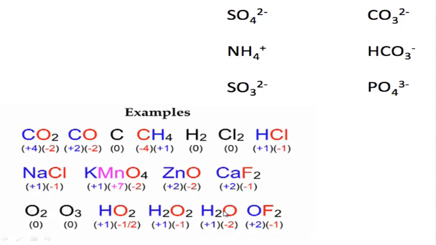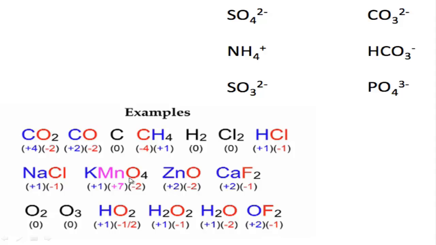My dear students, follow here. All are the examples of monoatomic or diatomic molecules. Only these examples are triatomic molecules, that means there are 3 different atoms present. So in this type of example, if you know any 2 atoms' oxidation numbers, then you can easily identify the oxidation number of the third one.